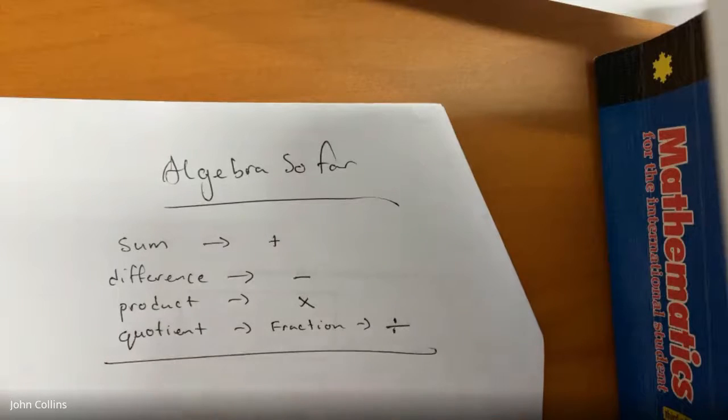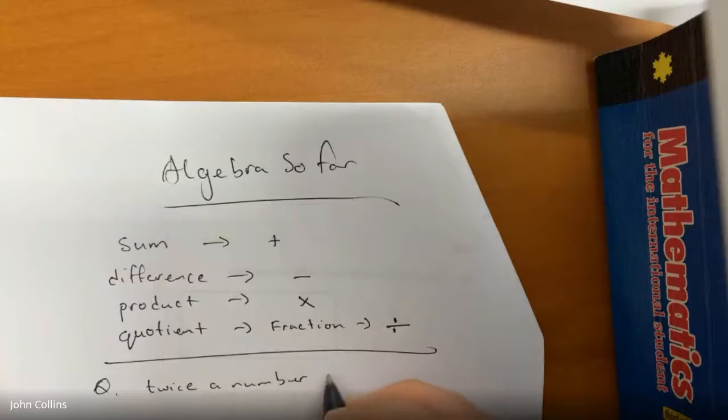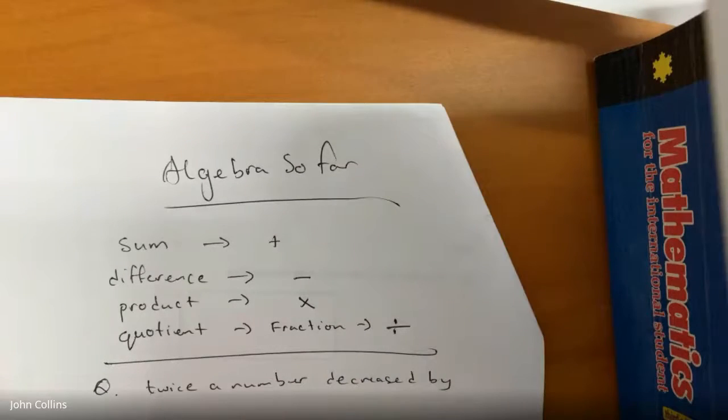An example question for that would be, so you want to use x and y. I want to write twice a number decreased by 7.